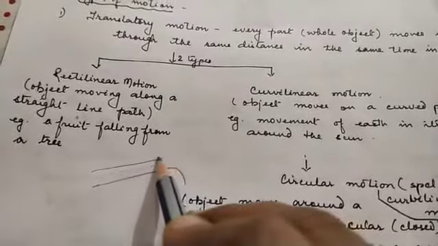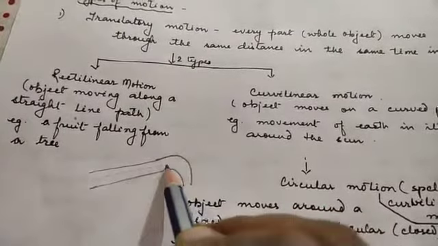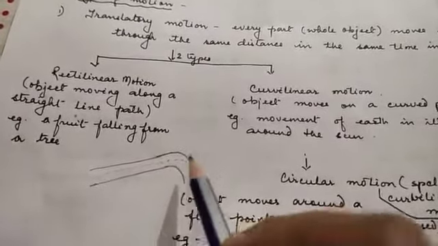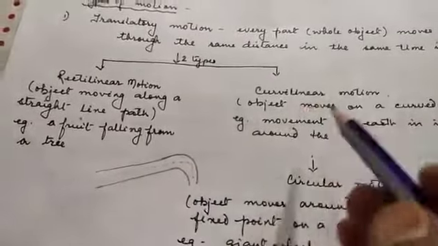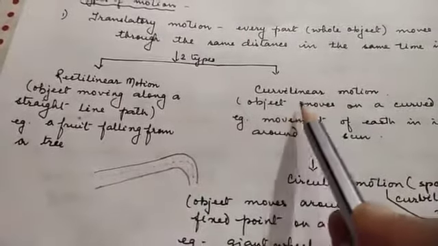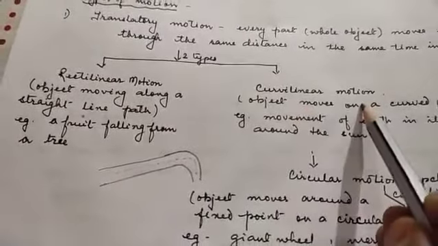So the car turns. Now the car is taking a curve. So it has come to curvilinear motion. An object, when it moves on a curved path, is said to have a curvilinear motion.